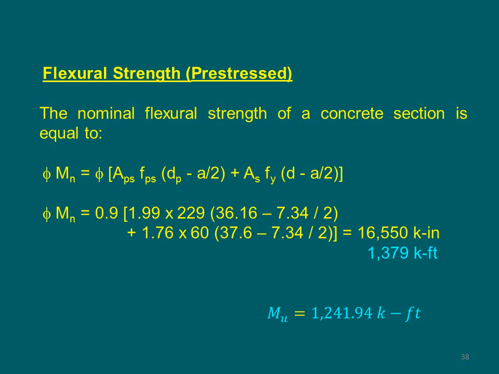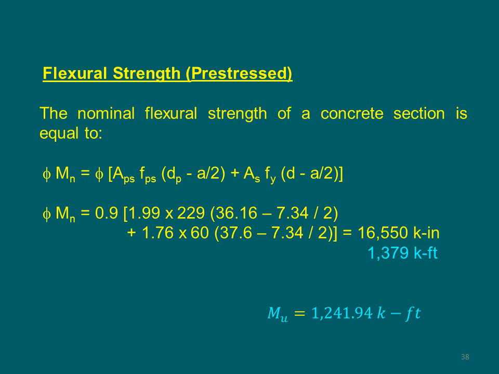Plus, the other component is going to be coming from the non-tensioned rebars, conventional rebars. This is going to be equal to the 1.76 total cross-section area for 4 number 6s, multiplied here by 60 ksi, and then you say here d minus a over 2. Now this depth, the 37.6, is going to be to the centroid of the non-tensioned rebar.